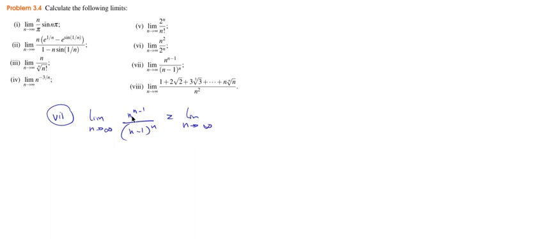Because this is n to the n minus 1, so n over n minus 1 to the n minus 1, and then this is multiplied by 1 over n minus 1, right?